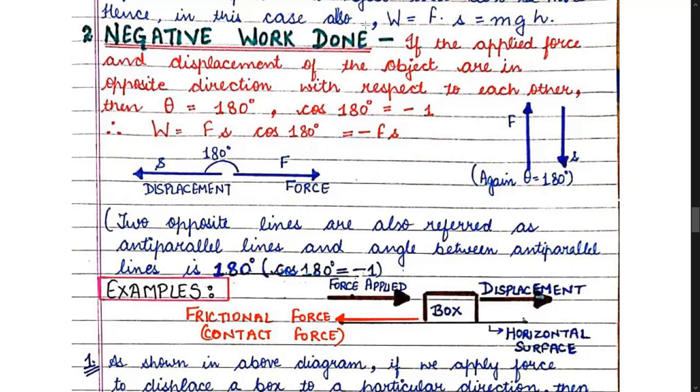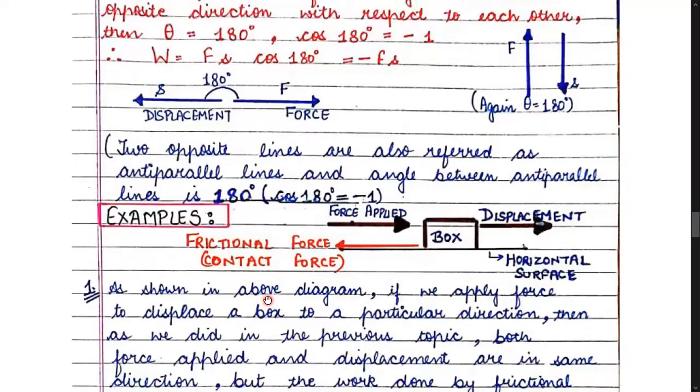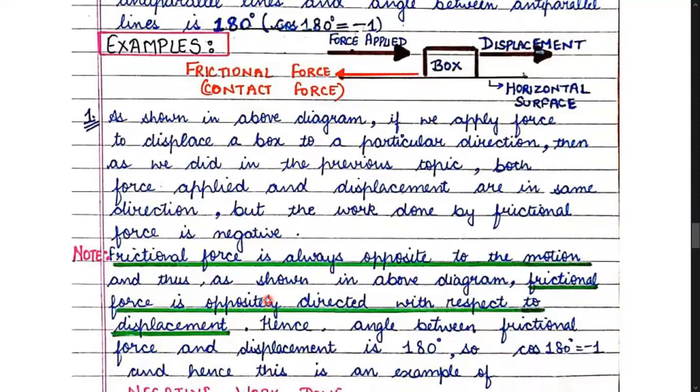So I hope this much is clear, children. Now let us do the example. Children, suppose you are applying a force in a forward direction. Displacement is also occurring in the forward direction. And in class 8th, we have heard that friction always acts in the opposite direction to the applied force.